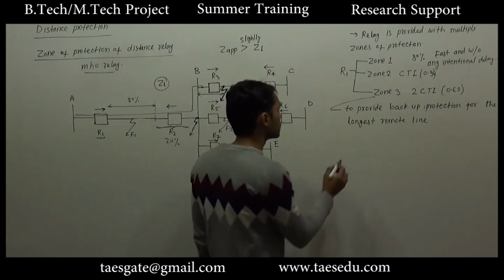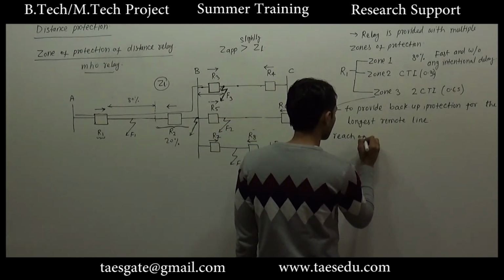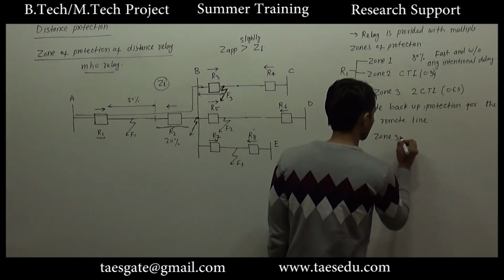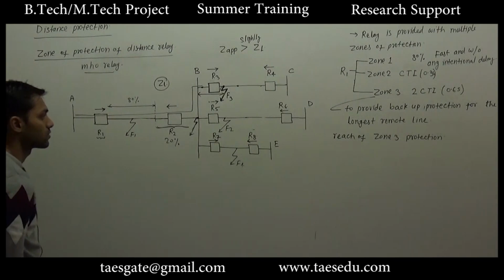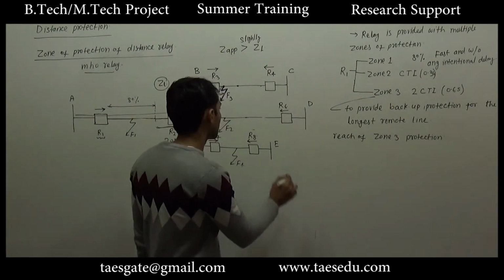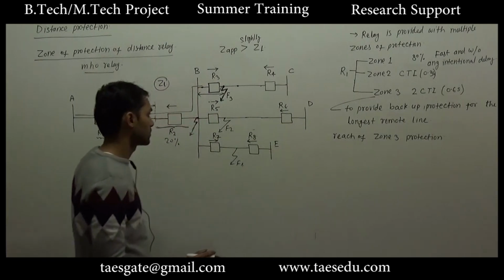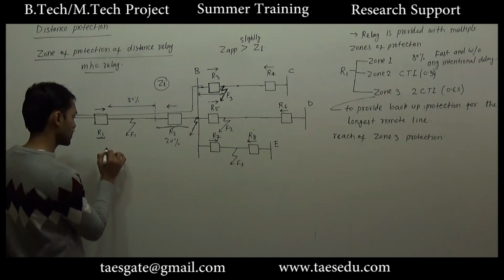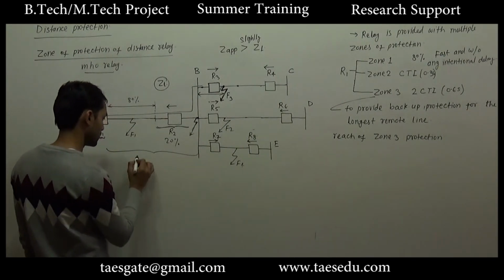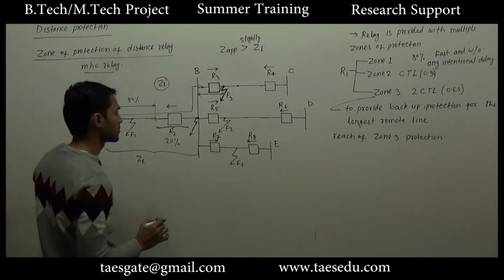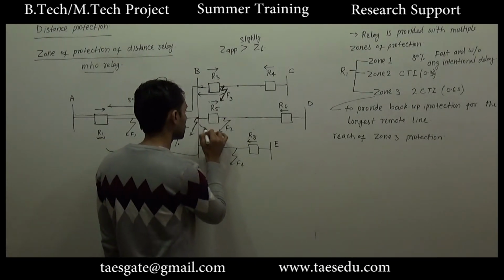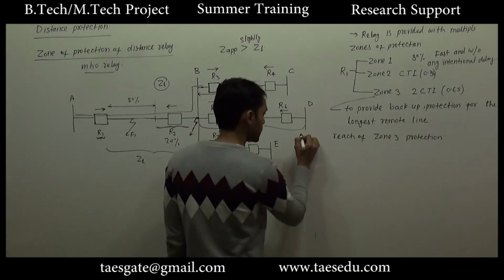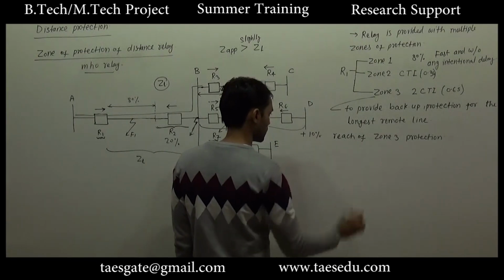So what should be the reach of zone 3 protection? Since it has to provide protection for the longest line, and reach will be measured from relay 1 only, it has to cover the complete length of primary line plus the complete length of the longest line, and plus for error you will have to take 10% margin.